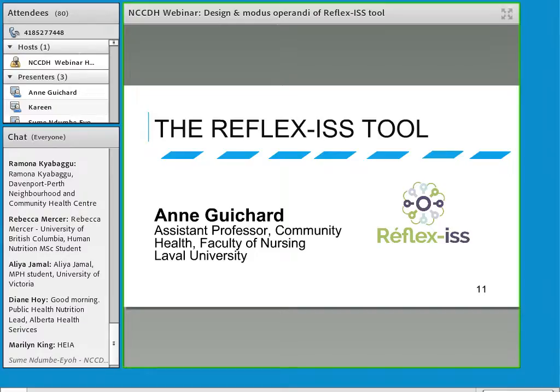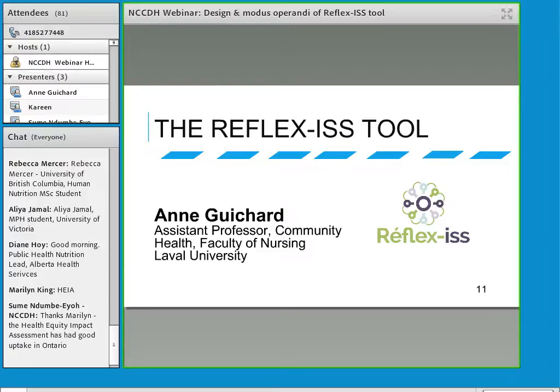Today, I will explain the participatory process used to tailor the tool to the needs of the potential users in Quebec. Of course, I will also demonstrate to you how the tool works. Since English is my second language, I hope you will forgive me if I stick closely to my notes. Thank you.